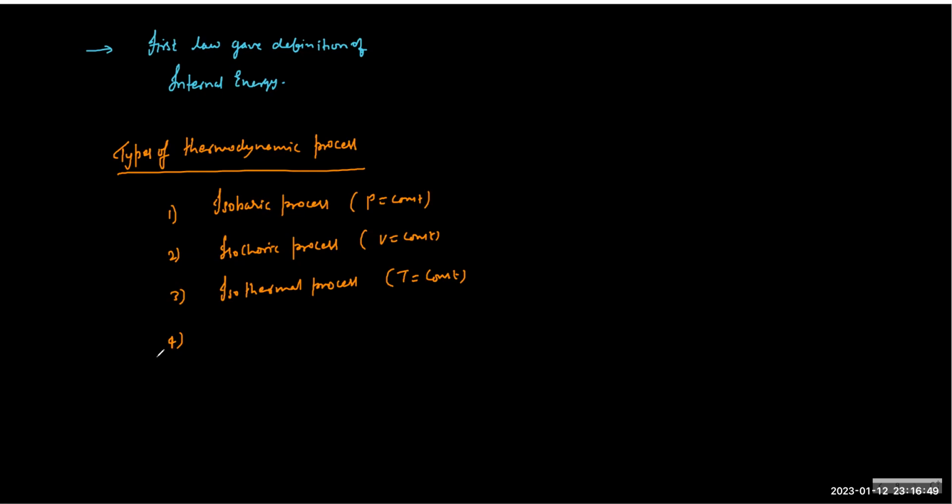After this, adiabatic. Adiabatic process means no heat transfer. The system cannot undergo heat transfer. Does it mean it cannot undergo energy transfer? No, correct. It can still have energy transfer through which?